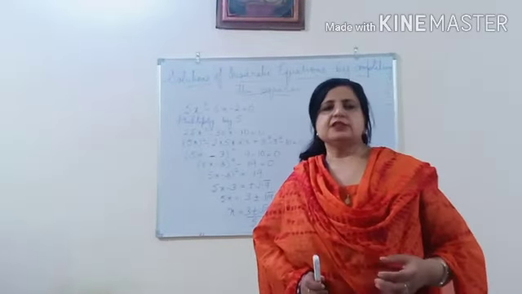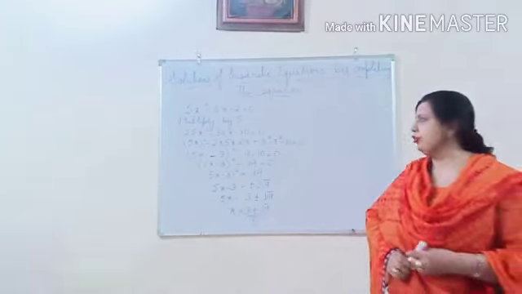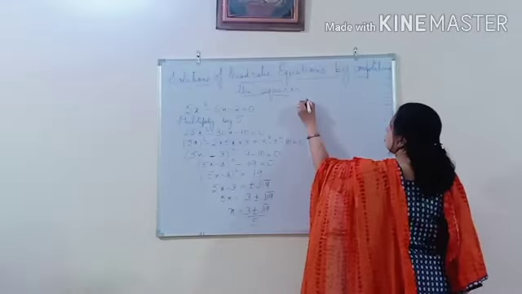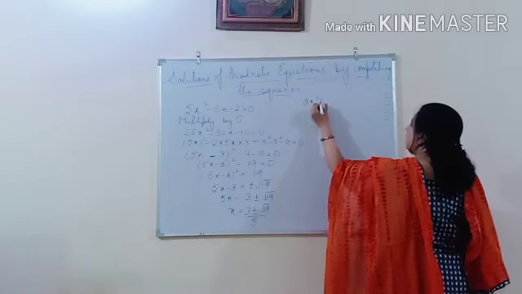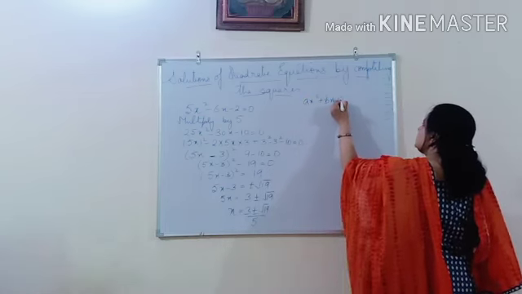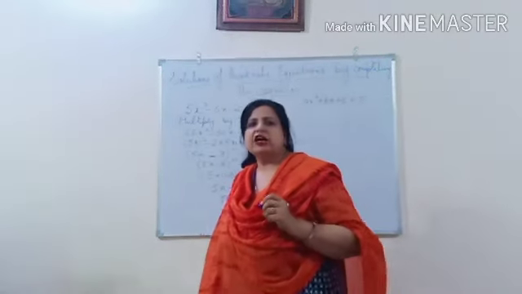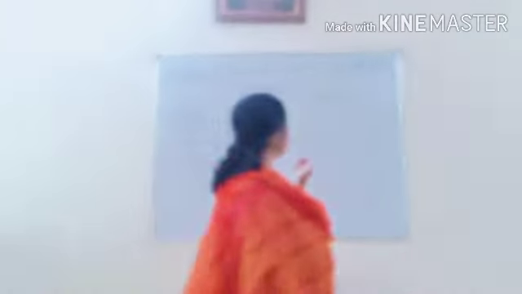Now from this, let us obtain the quadratic formula. If we have a quadratic equation, ax square plus bx plus c equal to 0, let us divide this quadratic equation by a.